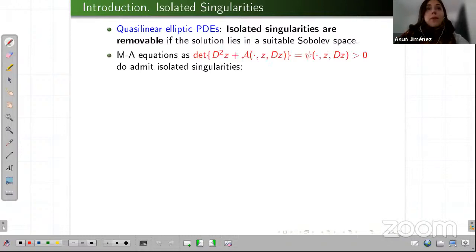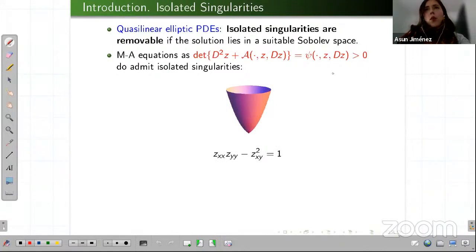However, for Monge-Ampère equations, the general Monge-Ampère equation is just the determinant of the Hessian of a function plus a certain matrix, which may depend on the solution and the gradient, equal to a positive function. This kind of fully nonlinear equation does admit isolated singularities.